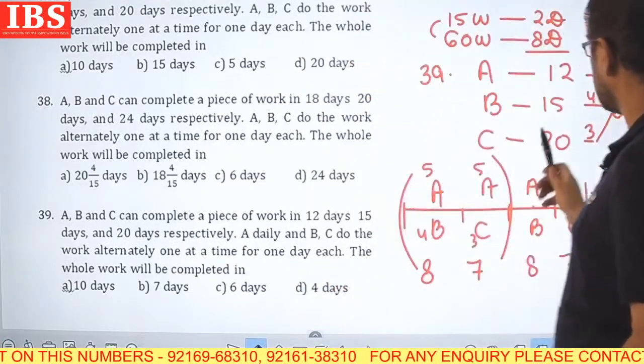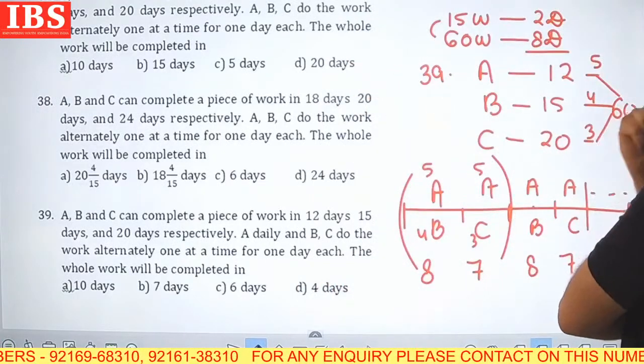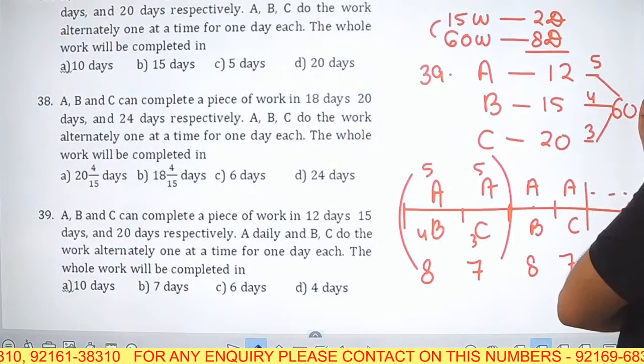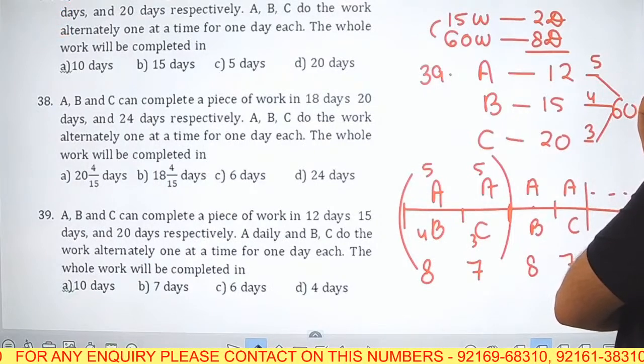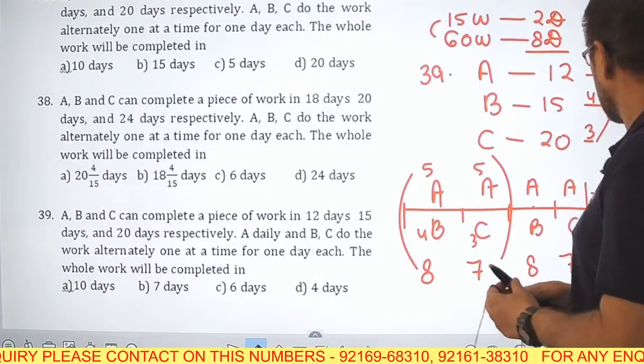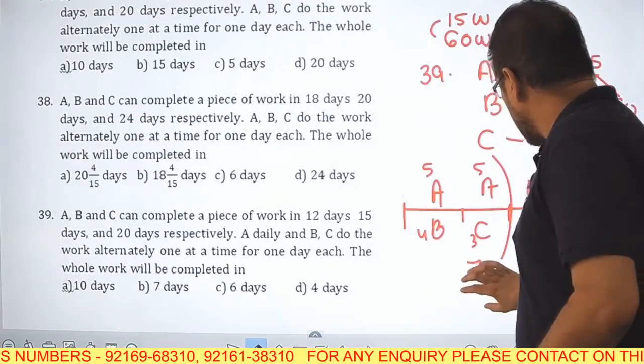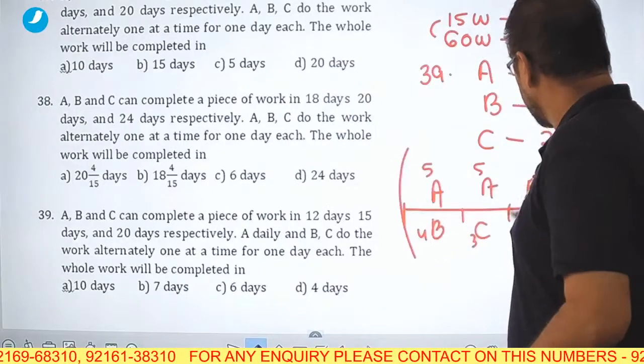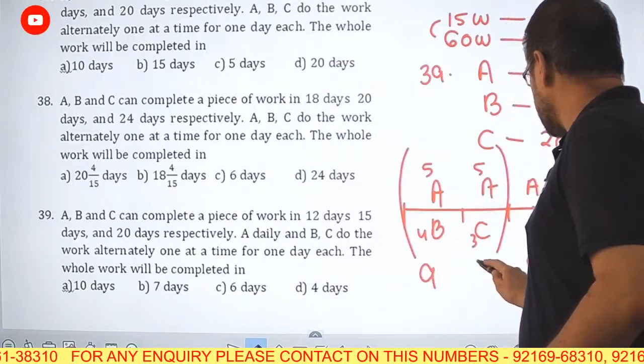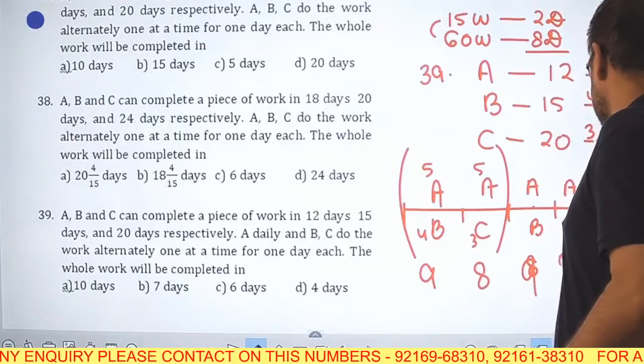Let's see if this is clear. The work will be completed in how much time? Sorry, this is 5 plus 4, that is 9, and this is 5 plus 4, that is 9, and this is 8, and so on.